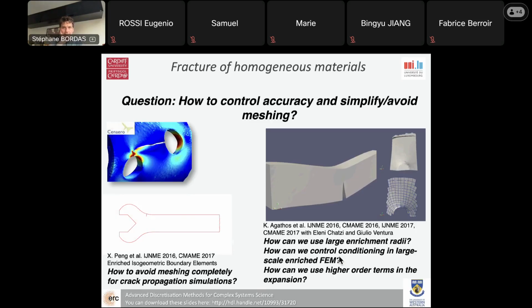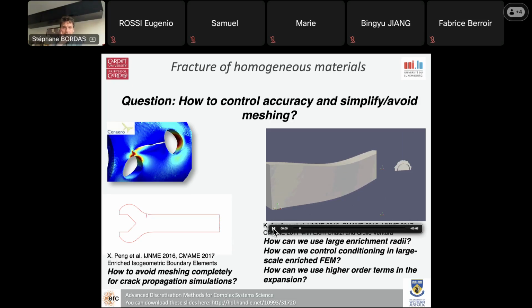Now, a question that would logically arise here is, what do we do when we wish to make sure that the error that we compute is controlled? So I'm showing you here a bunch of calculations where the crack is propagating.